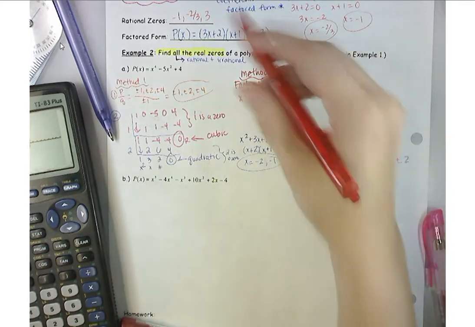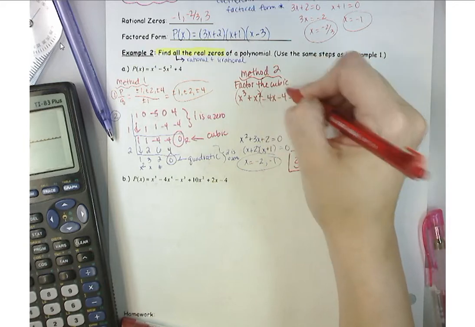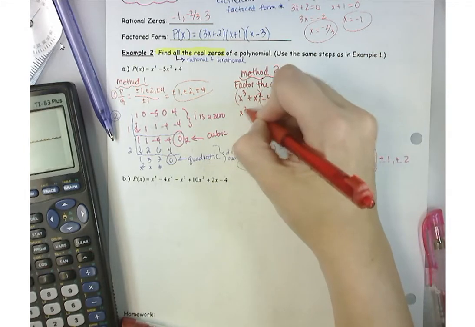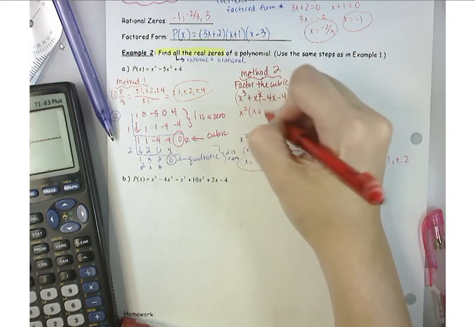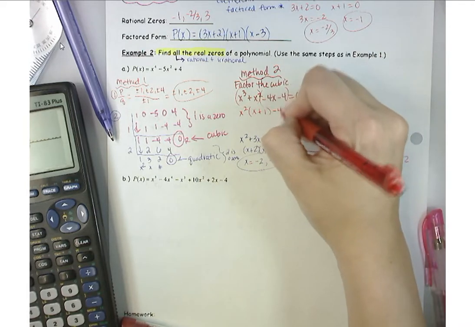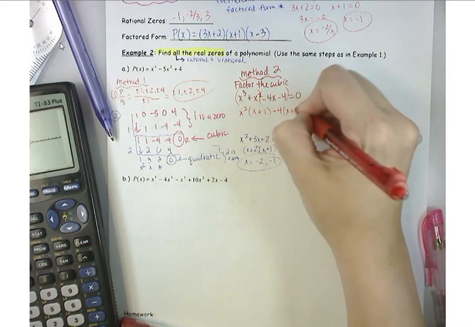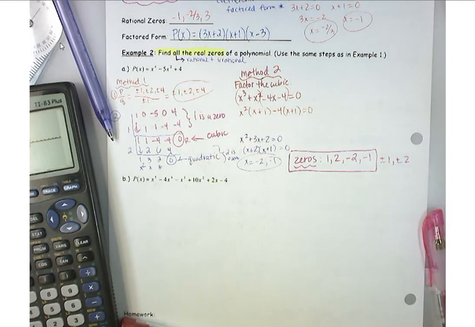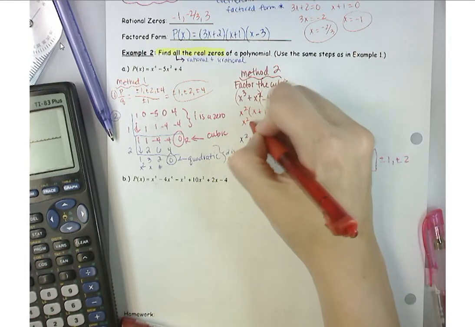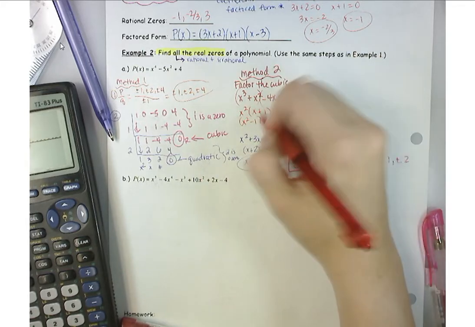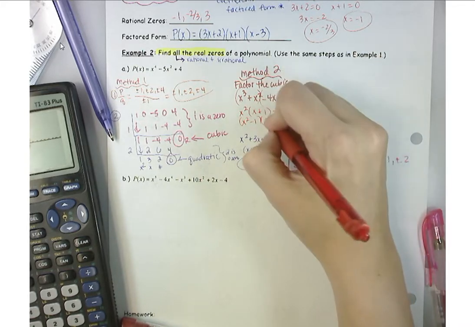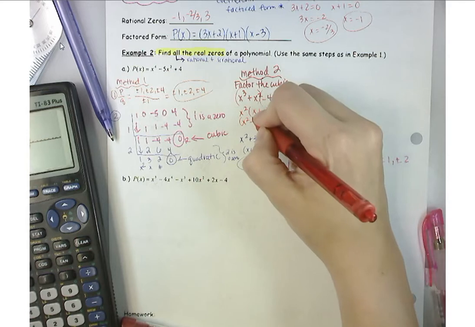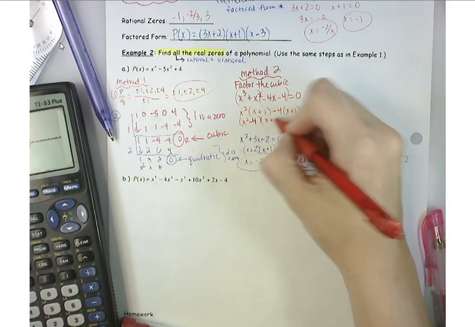So if you're factoring your cubic function, you can factor by grouping. If you take out the x squared, you'd have x plus 1. Here you take out the negative 4, which is x plus 1. So you'd have x squared minus 4 times x plus 1.